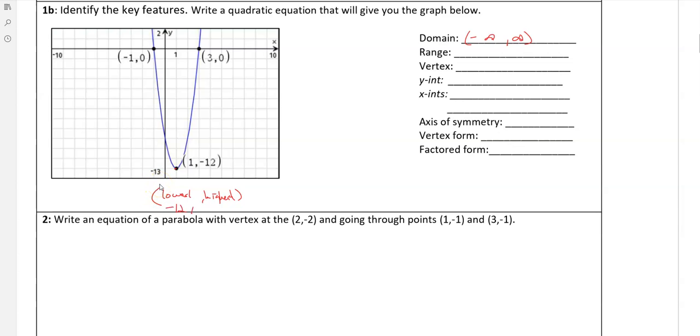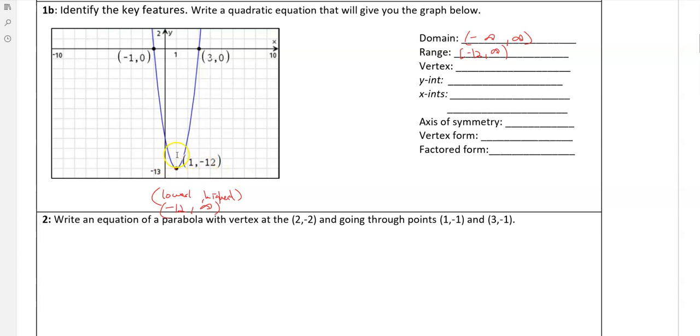And what is the highest it ever hits? It goes up forever, so it goes to infinity. So my range would be negative 12 to infinity. Oh, and that's including negative 12, so I have to have the bracket on negative 12 because it does include negative 12.